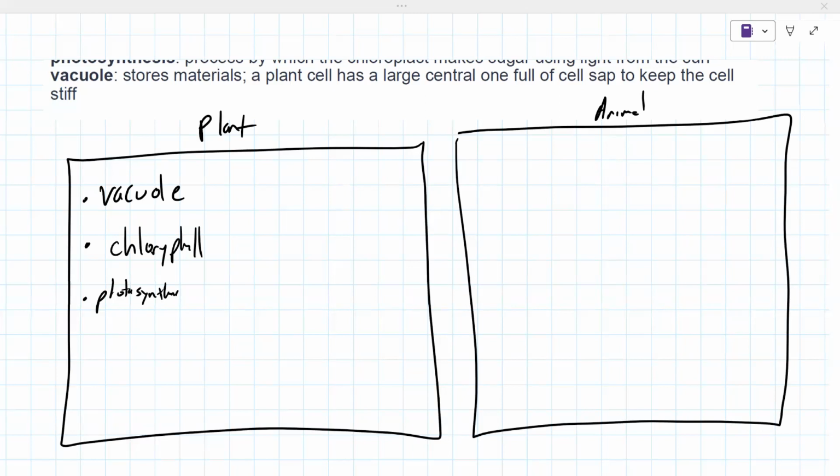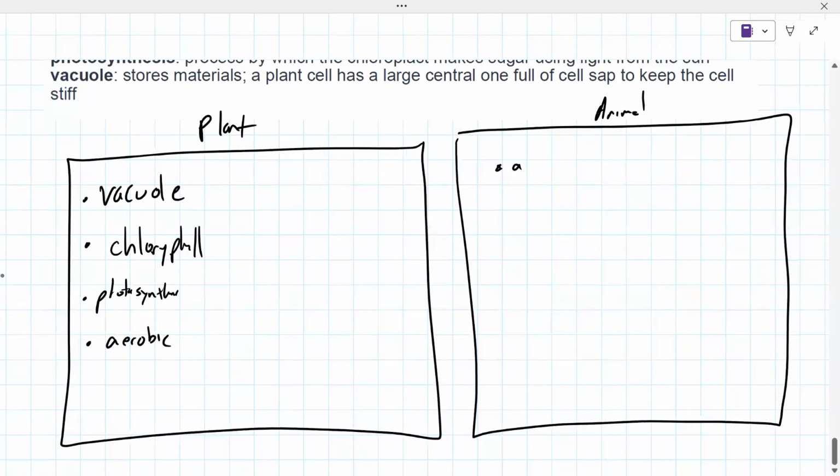Now, what about aerobic versus anaerobic? Which goes in plant? Aerobic. Okay. Why is that? Because glucose and the oxygen go into the plant. That's right. And it produces carbon dioxide and water. So yes, aerobic is here.